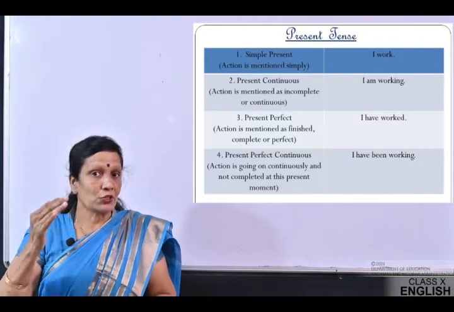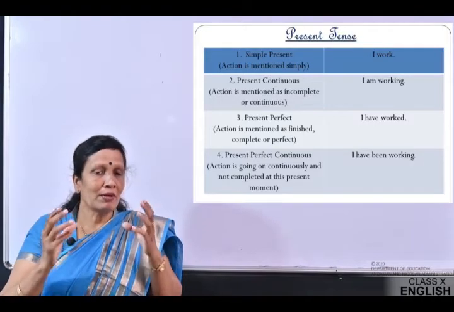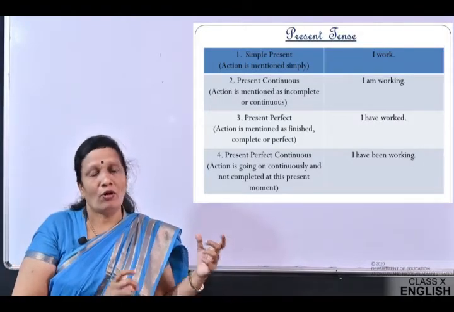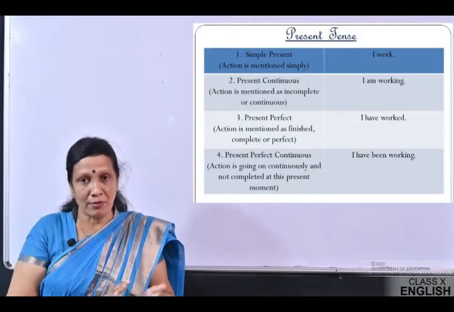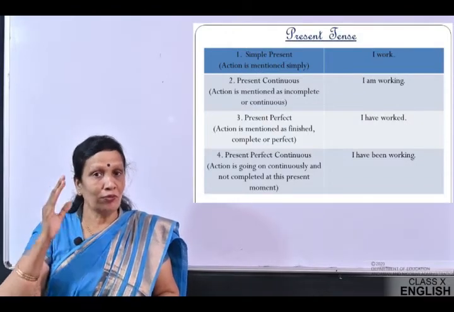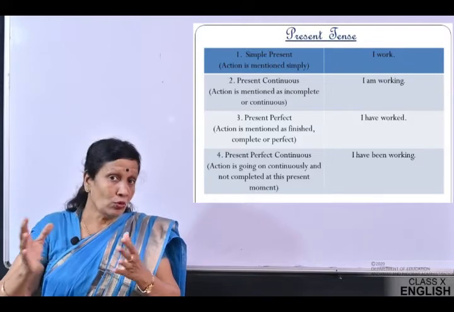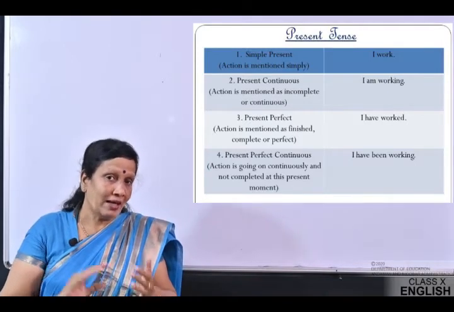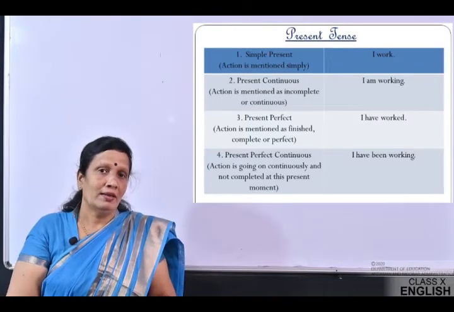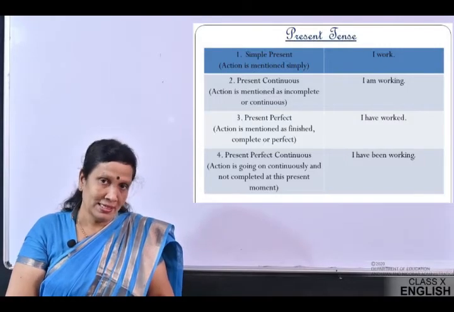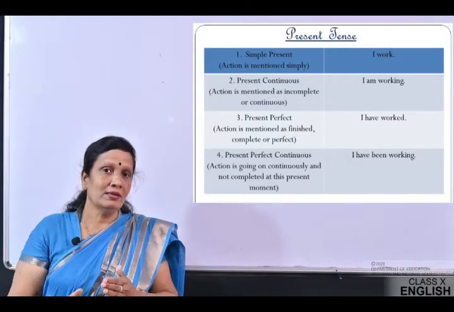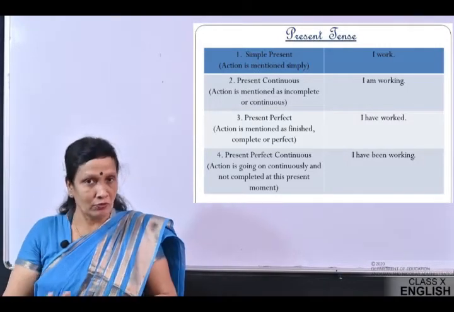Now let's look at some important aspects or points which we need to remember. As I told you, we need to know the verbs very well and their uses when we are learning the tenses, because we are using the different forms of verbs.